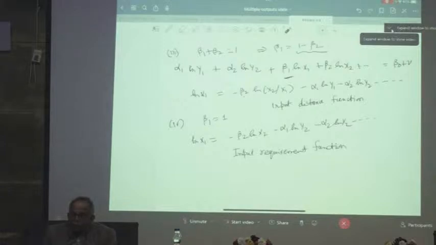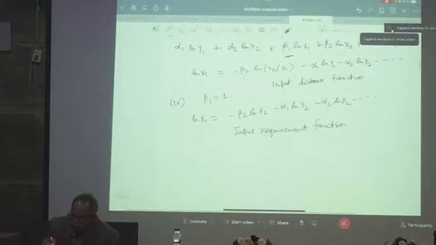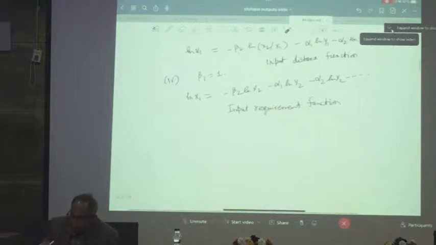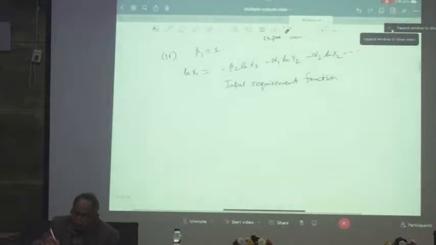And again, I just did it without inefficiency. So now we can bring inefficiency into the picture, and things would be quite similar. So now introduce inefficiency.